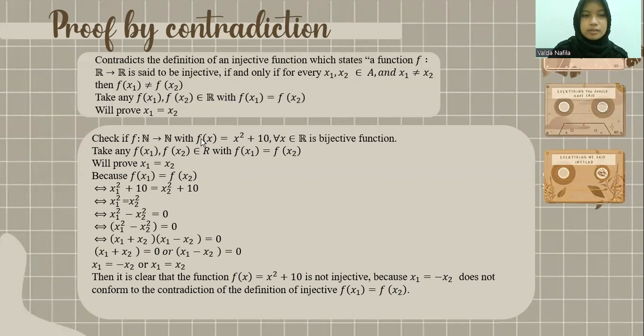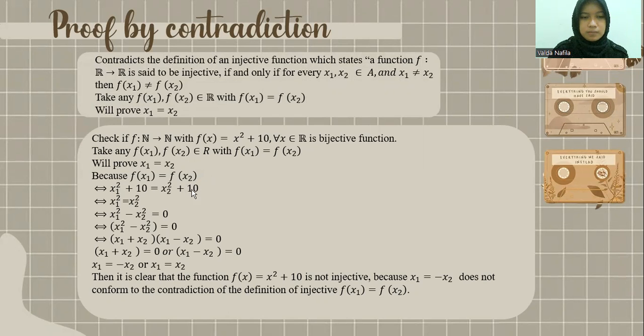Okay, because f(x1) equals f(x2), x1 squared plus 10 equals x2 squared plus 10. We subtract 10, so only x remains.